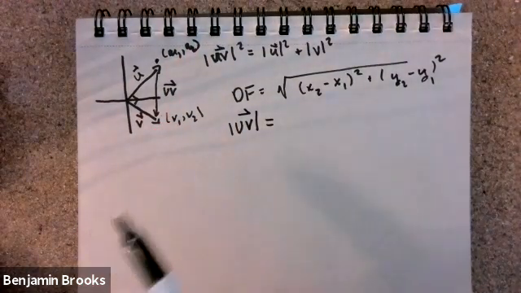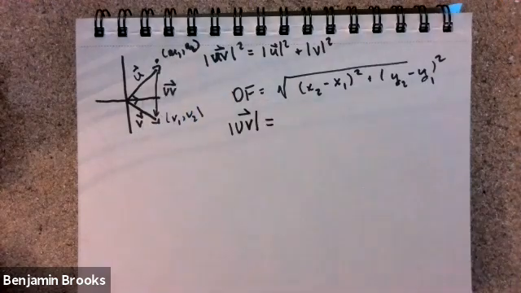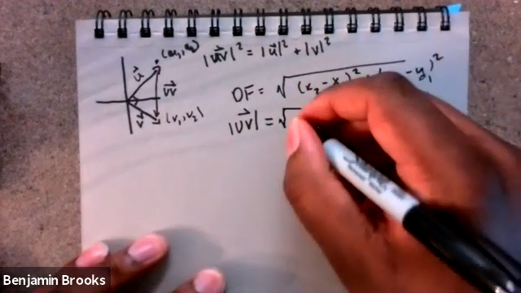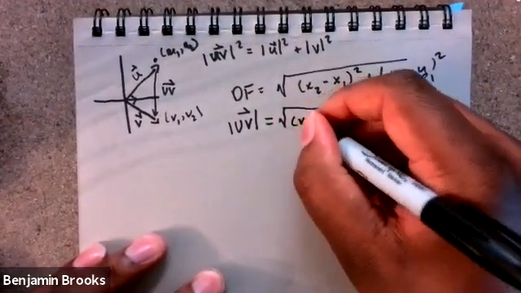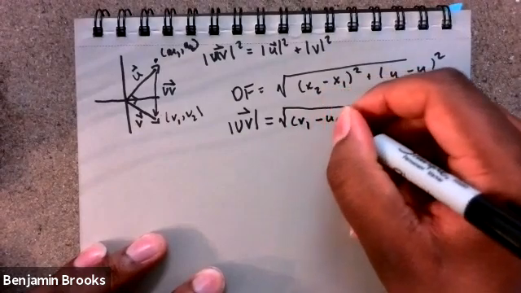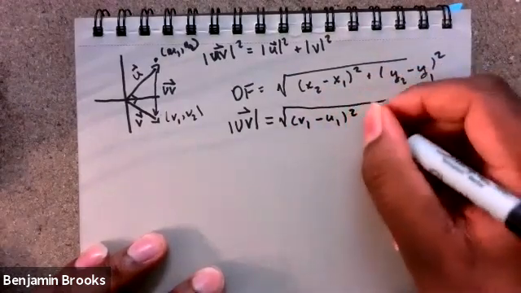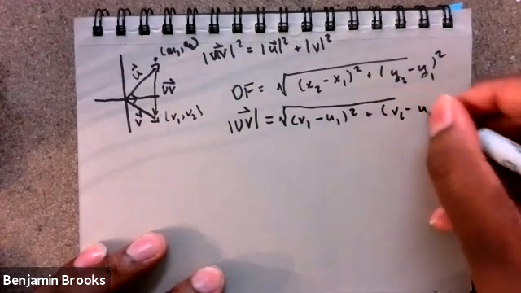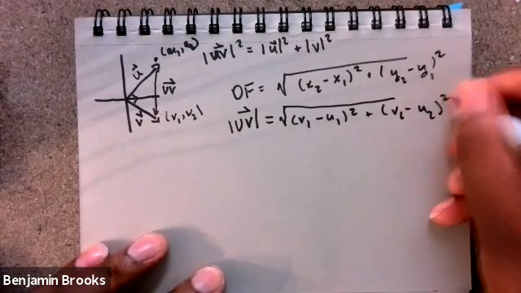So what are the x values of my points? Well, u1, v1. Let's say that v1 is our x2. So we can say this will be the square root of (v1 minus u1) squared plus (v2 minus u2) squared.